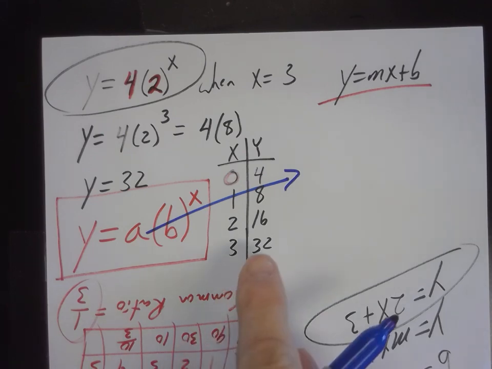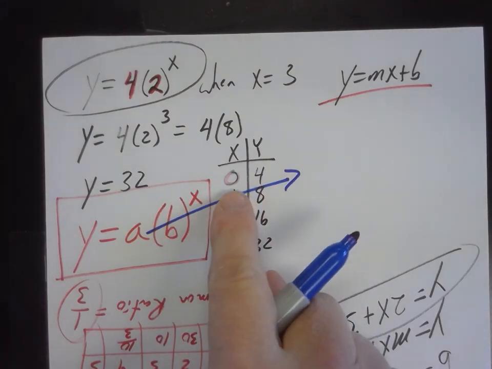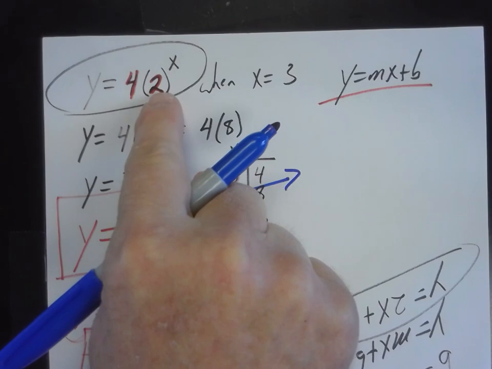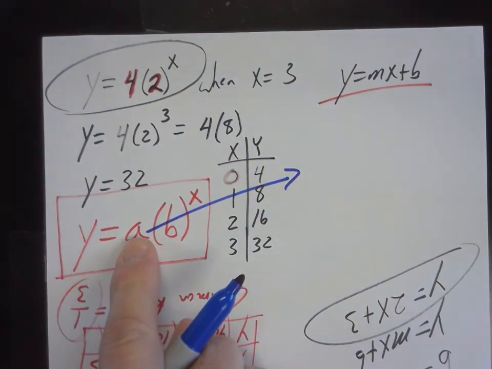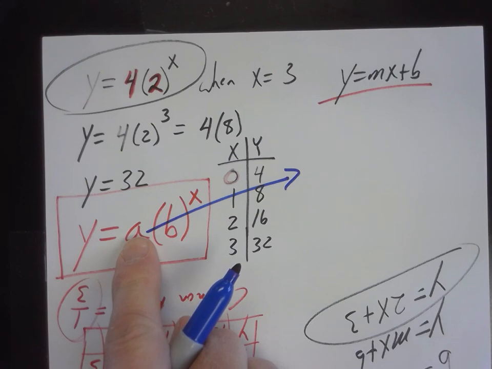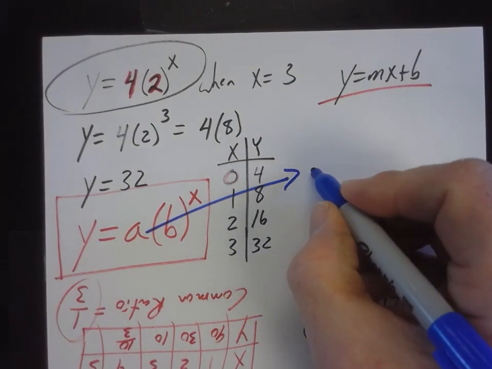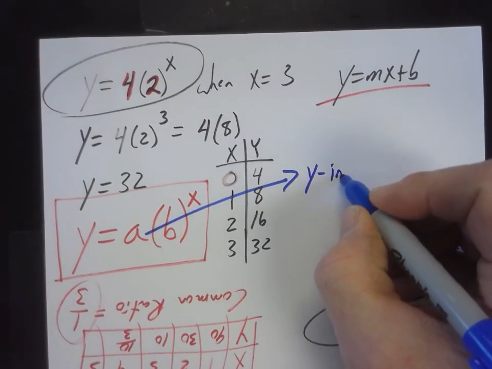What is it in this case? We put 0 in, we get 4 out. (0, 4). So that number right there in front, that a number, what is it every single time? Is it x? It's the y-intercept. You're good.